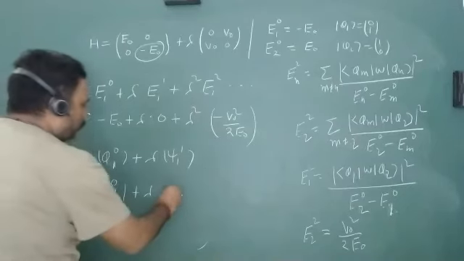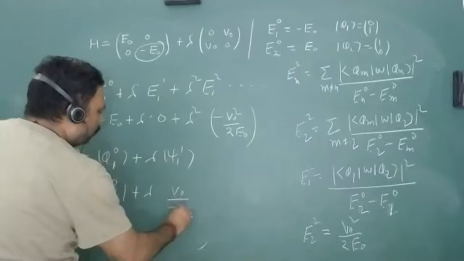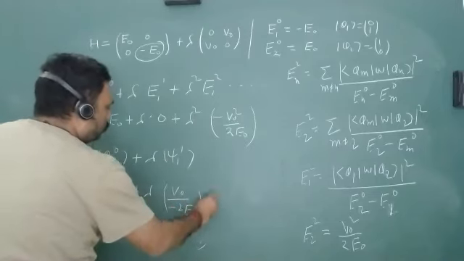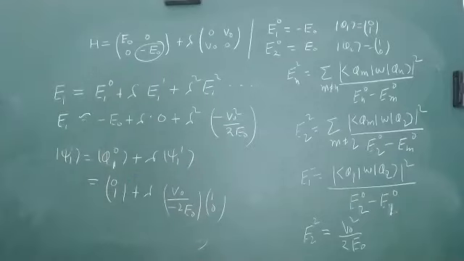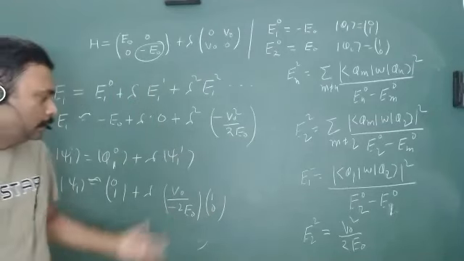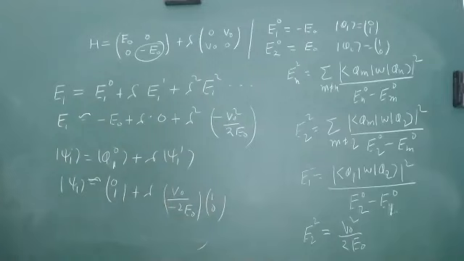We have calculated that, it is V naught upon minus 2 E naught into 1 0. Isn't it? So this will be your psi 1 approximated value up to order of lambda. In the examination they will always ask what will be this one, what will be this one, and how you are getting this particular thing.